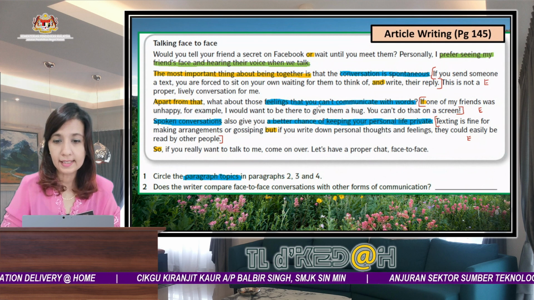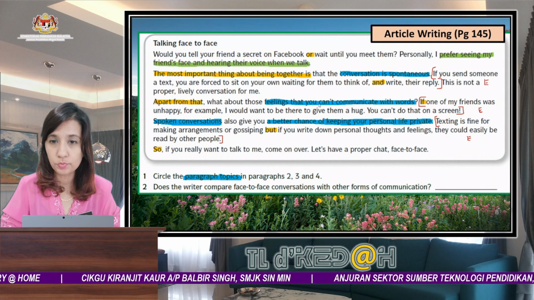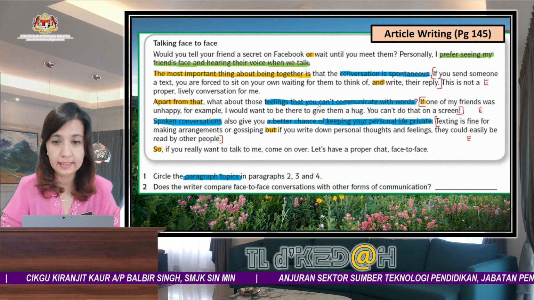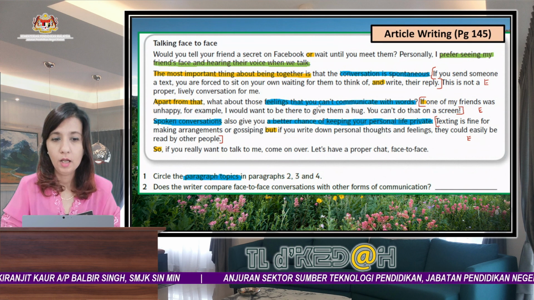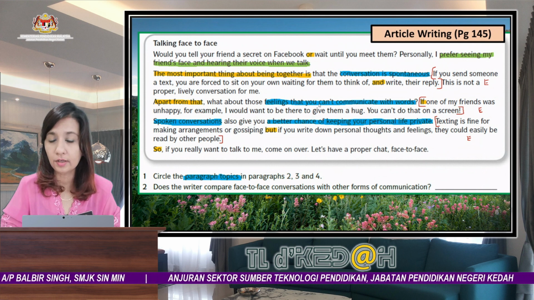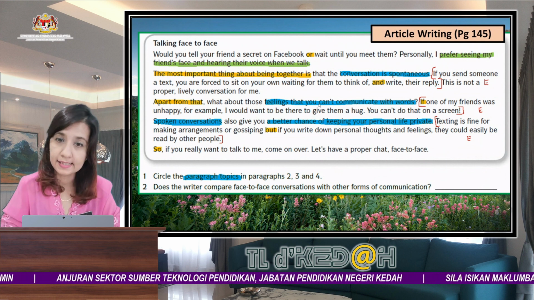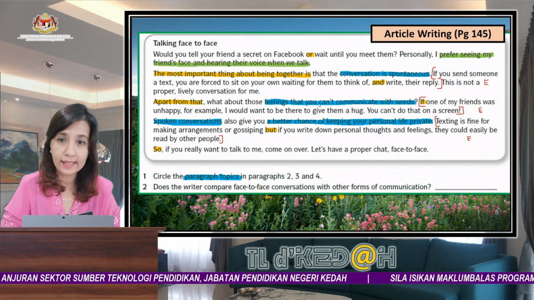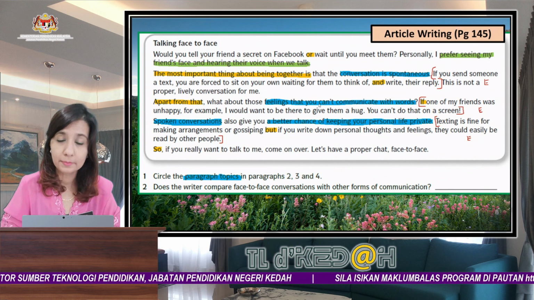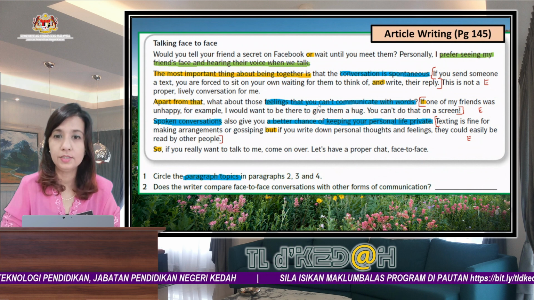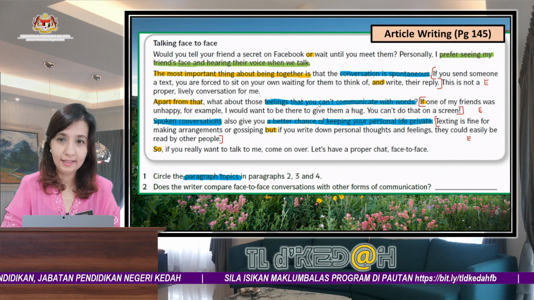Right. So let's look at the sample answer given on page 145. Okay, I will read and explain to you. Would you tell your friend a secret on Facebook or wait until you meet them? You see how the student has started the article with a question. That's amazing, actually. It's different. It's unique. Okay?